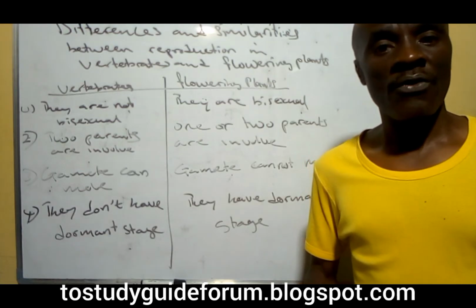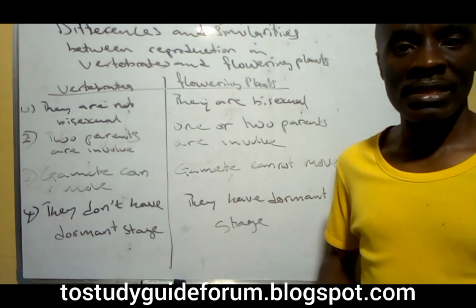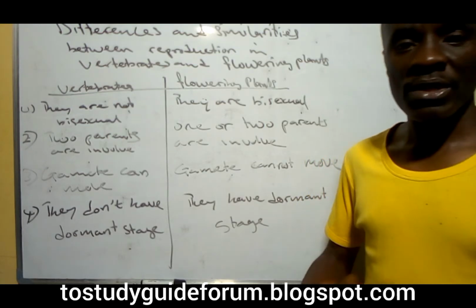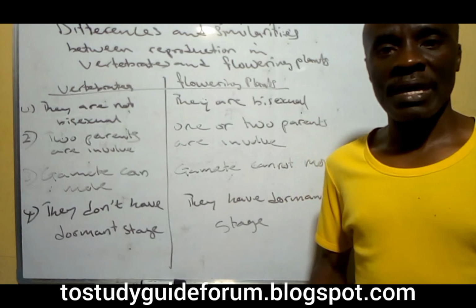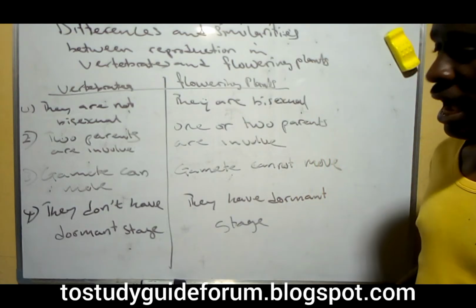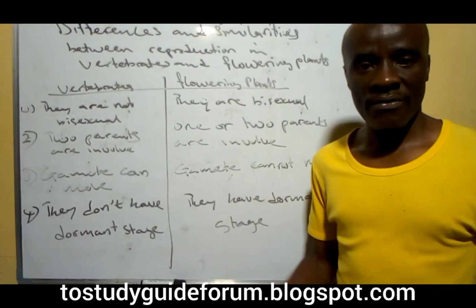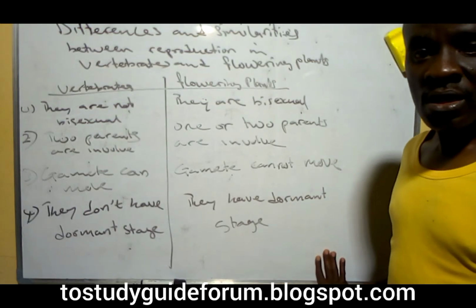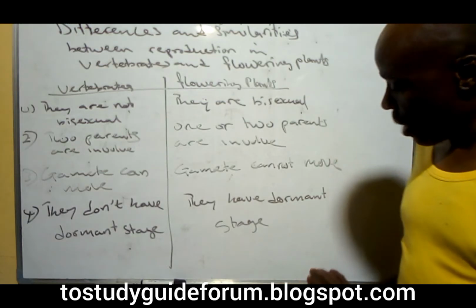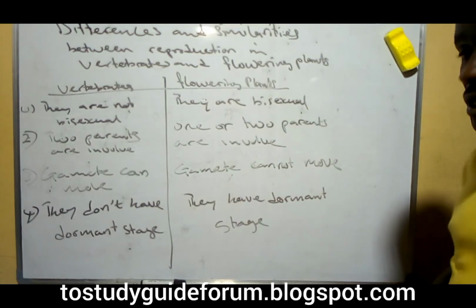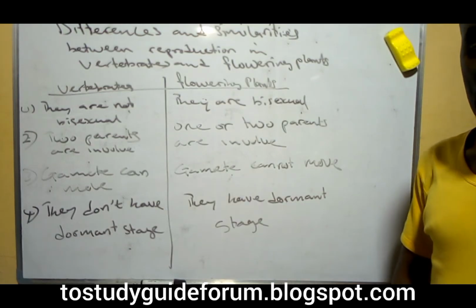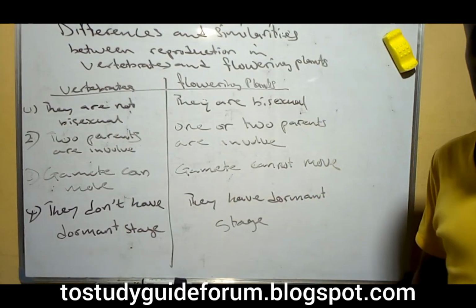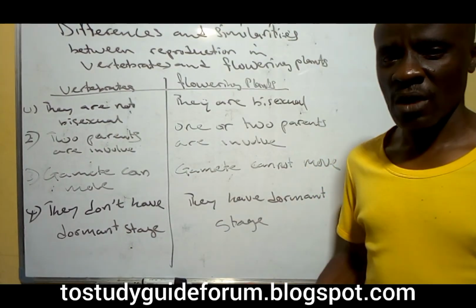If there is no favorable environment, it will remain dormant until the opportunity comes, maybe the presence of water, oxygen and the rest. Once the conditions required for germination are met, then they can start their development. But in vertebrates, such a thing does not happen. Once they are produced, they are active, they start moving around.